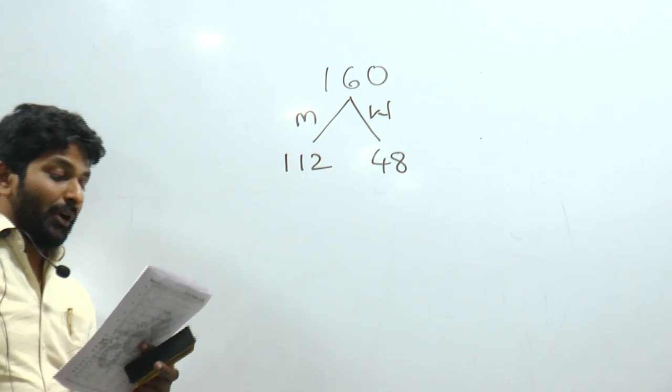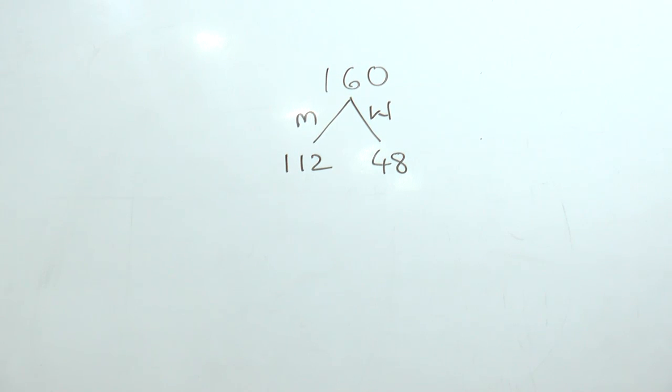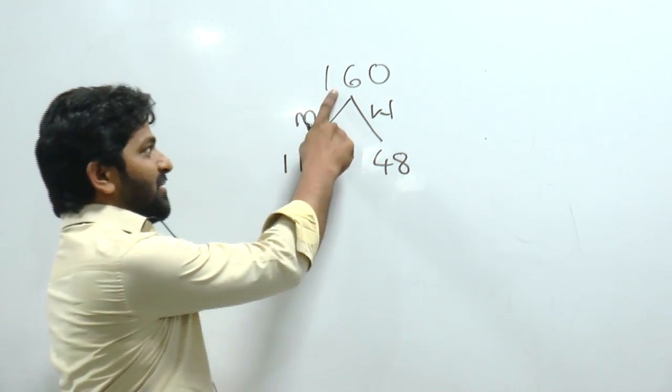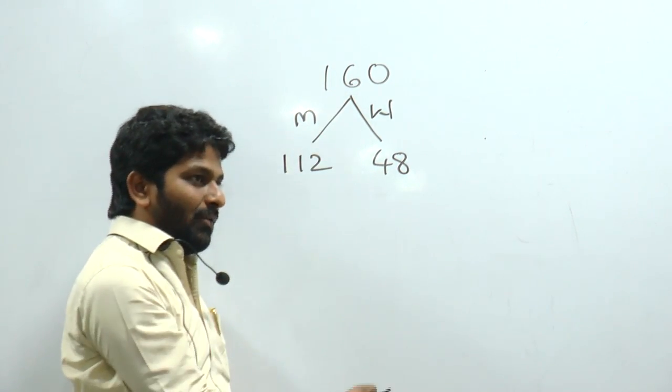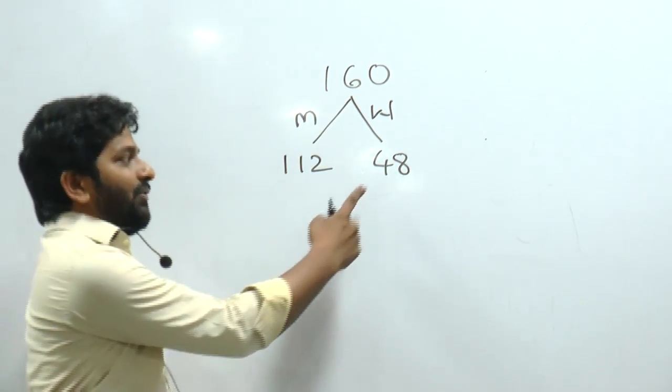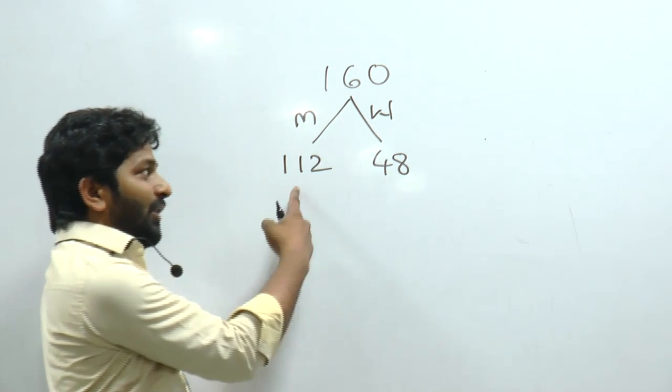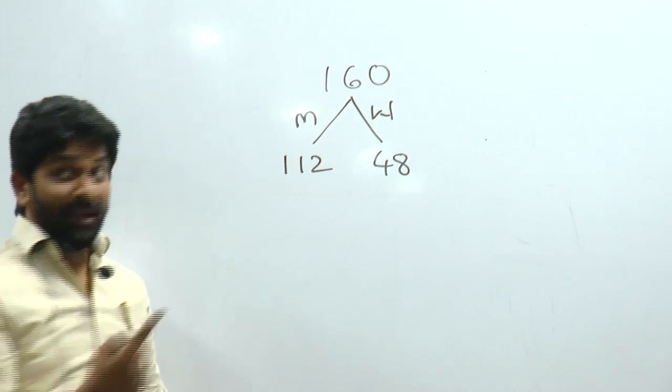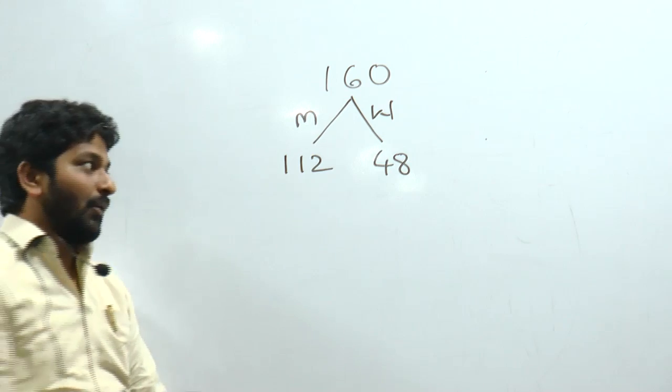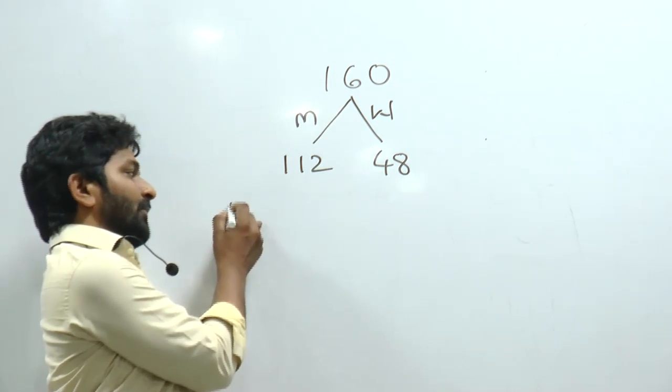Milkman gave 40 liters of this mixture to a customer. 40 liters is gone. In the sense, 25% of the initial quantity is taken out. Yes or no? So 25% of water is gone and 25% of milk is gone. Remaining will be 75%. Now let me calculate the remaining item.